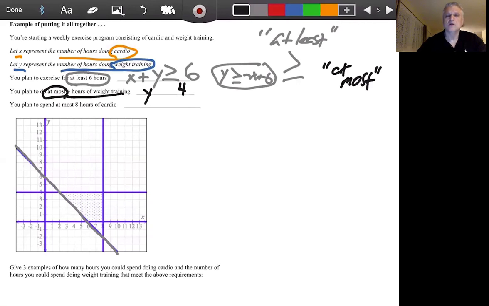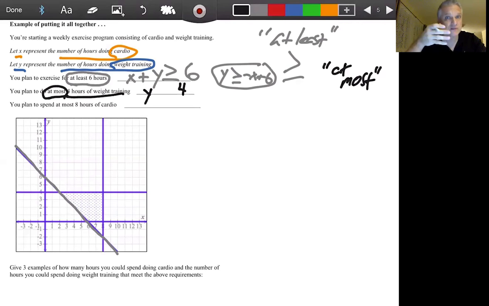So we go back to the sneakers example, and your parent says, I am going to give you at most $100 to spend on your sneakers. Does that mean that they might give you more? No, it means that's as high as they're going.